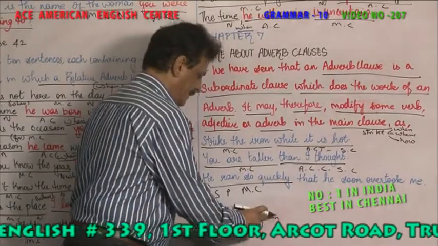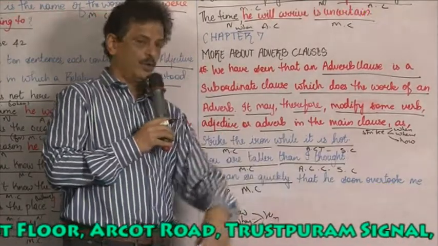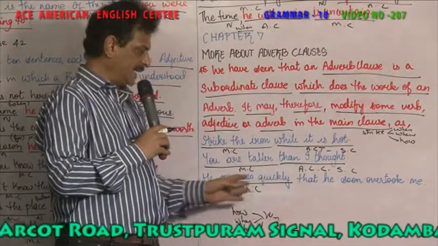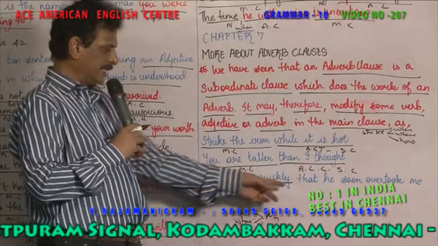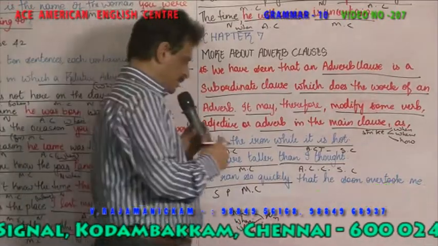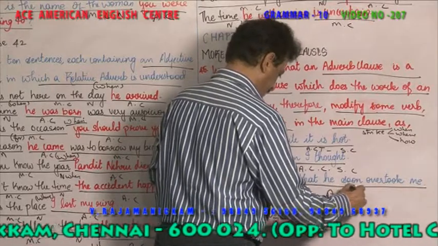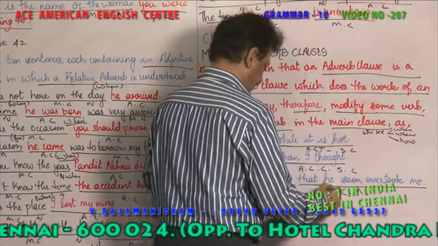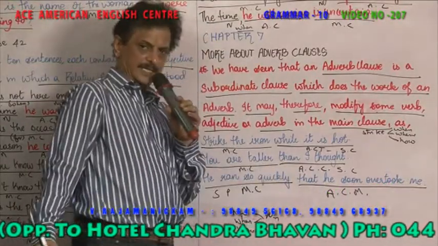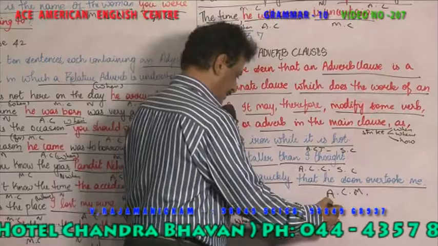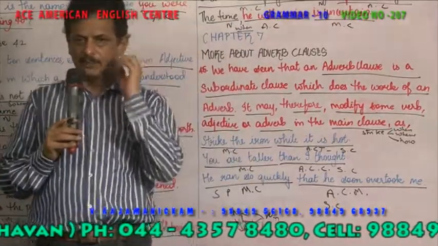The answer is that he soon overtook me. When you ask the question how, the answer you get in a sentence becomes an adverb clause of manner. So this sentence depends upon the main sentence, so it becomes a subordinate clause, right? So all adverb clauses are subordinate clauses. So you are able to get it.